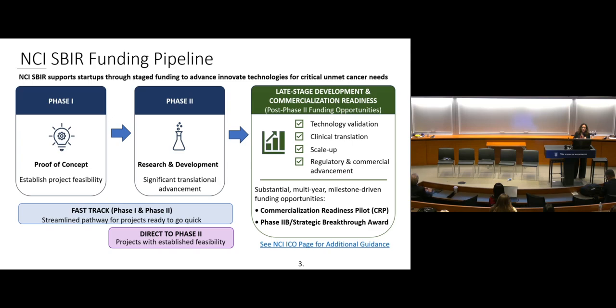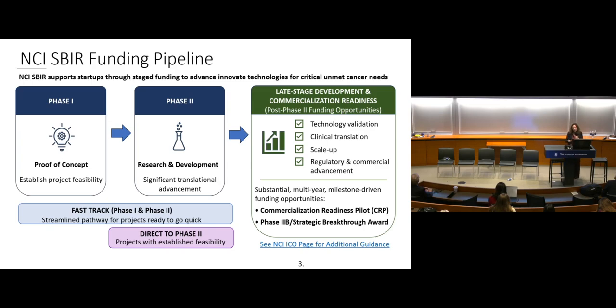We also have something called the fast track, which combines phase 1 and phase 2 to avoid the funding gap between the two types of grants. It's a streamlined pathway for projects that are ready to go quick. And we also have some direct to phase 2 grants. If you already have established the feasibility, you can apply for this direct to phase 2 grant.